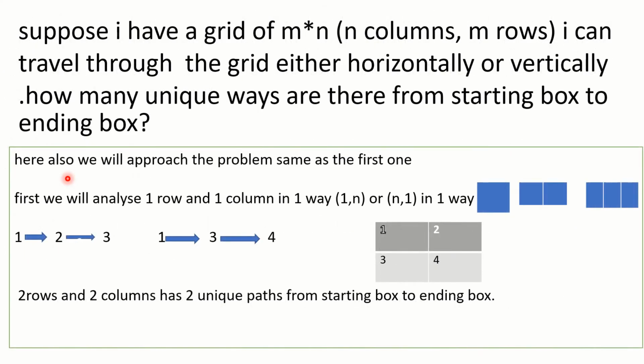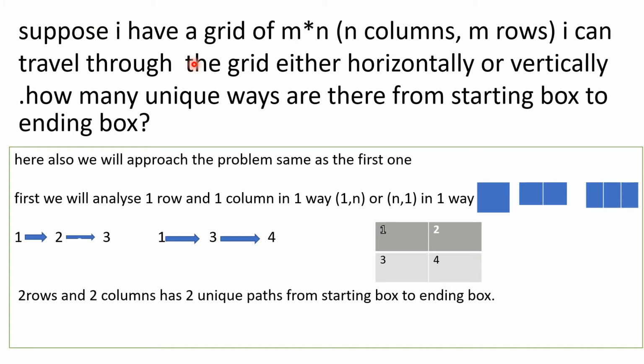So there is another concept also. Suppose this is a grid problem. This is the same problem as the before one. So here I have m number of rows, n number of columns. Here I will start at the first block, meaning the starting block.